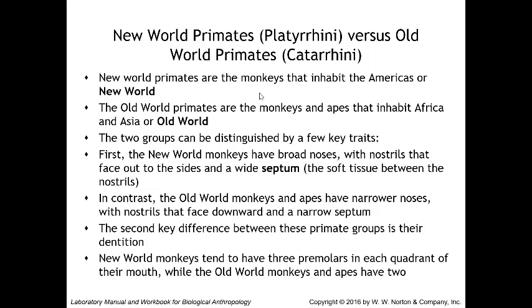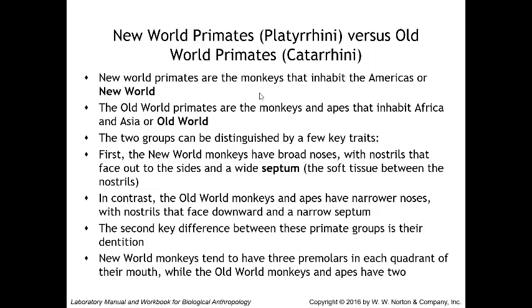So the two groups can be distinguished by a few key traits. First, the New World monkeys have broad noses with nostrils that face out to the sides and a wide septum. The septum is that soft tissue between the nostrils. In contrast, your Old World monkeys and apes have narrower noses with nostrils that face downwards and have a narrow septum.